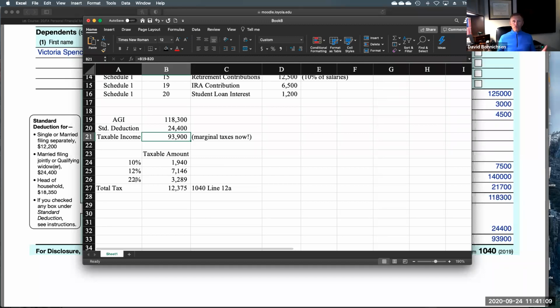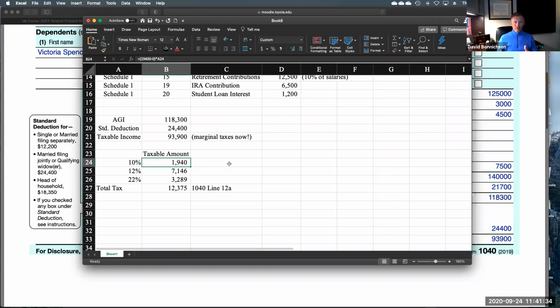And now all we have to do is calculate the tax based upon the layers. So for the first layer of tax calculated, we take the full bracket. The 10% tax bracket with married filing jointly is any dollars earned from $0 to $19,400 are taxed at 10%.